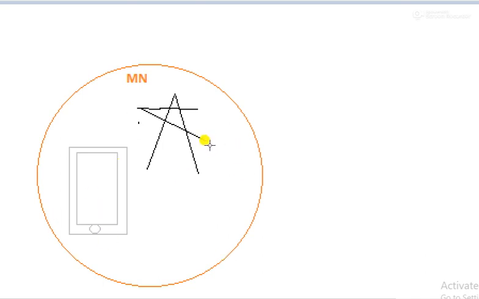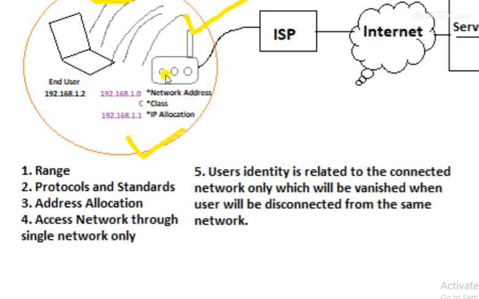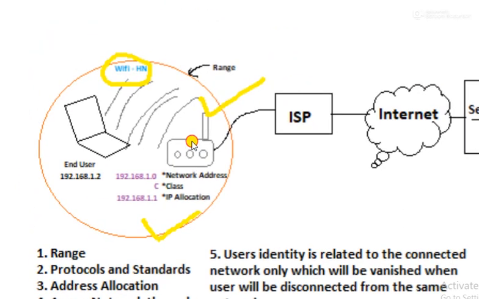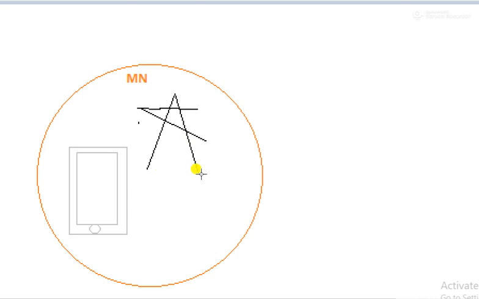Now obviously, instead of your local router, this wireless station is acting as the access point. In our previous case, the router was acting as the access point. In this example, the wireless station is acting as the access point.